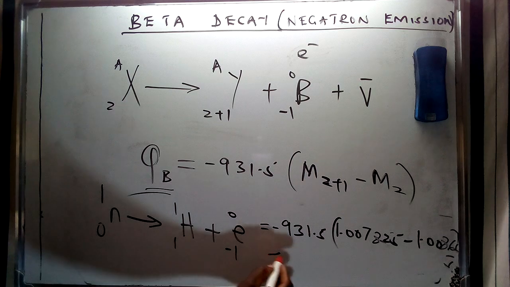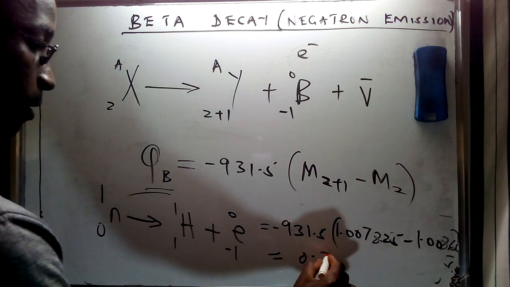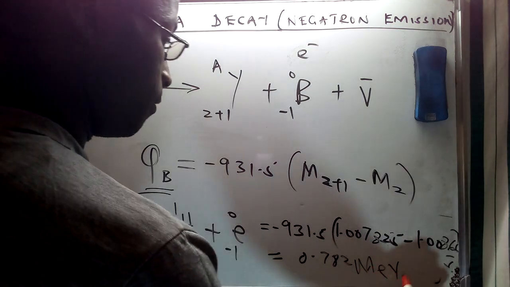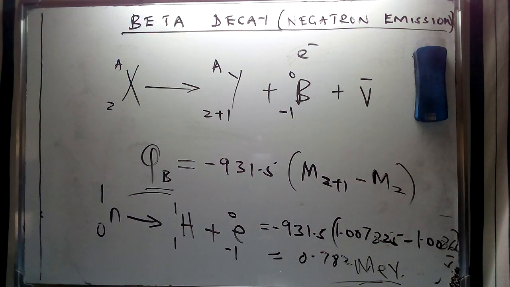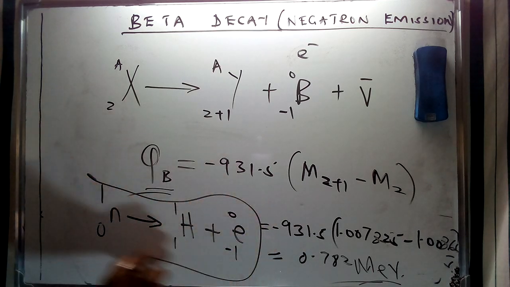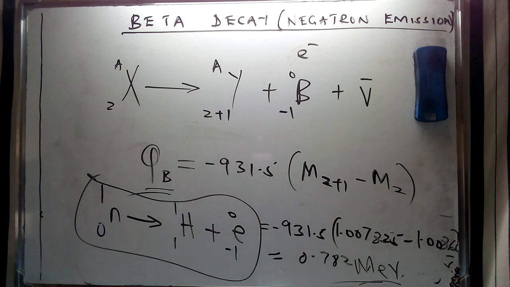The difference between those is 0.782, and this is in mega electron volts. So for the beta decay, we just consider the mass of the product minus the reactant, using the general equation I've given below.